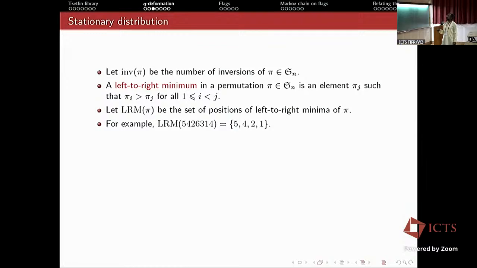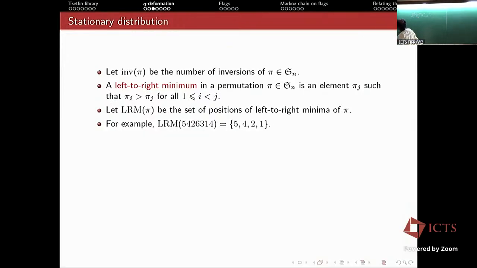Sorry, I think I didn't fix this typo, so we should correct this. It's the positions, not the values. That's why I made a mistake. 5, 4, 2, 6, 3, 1, 4, 6.